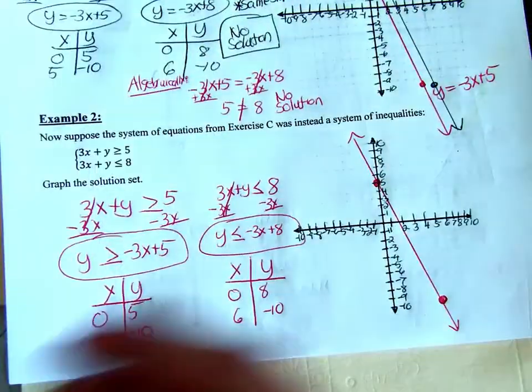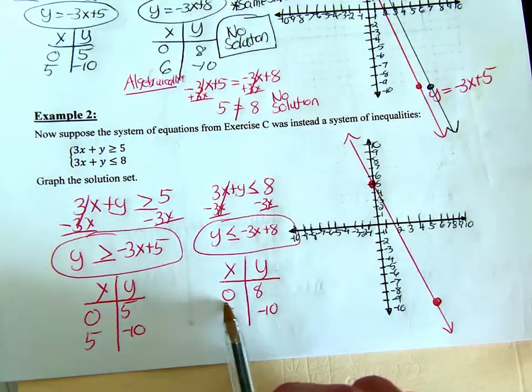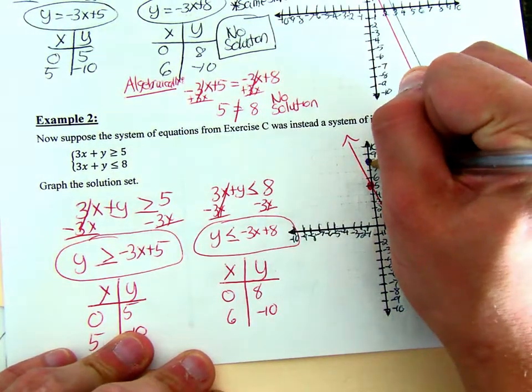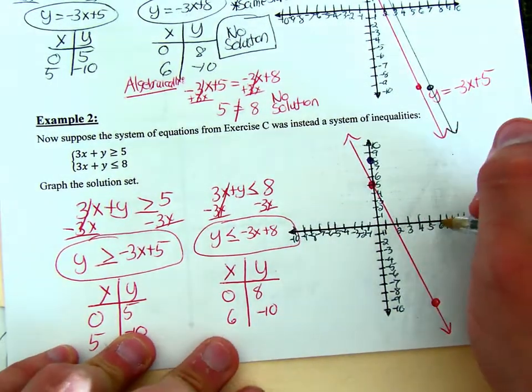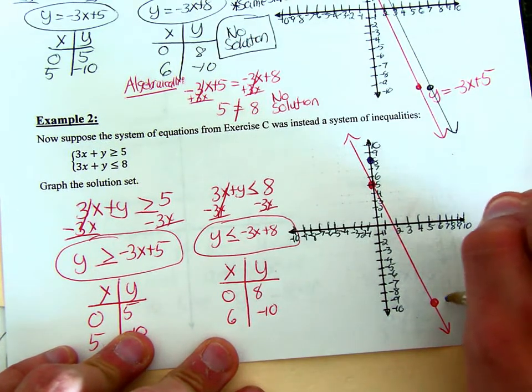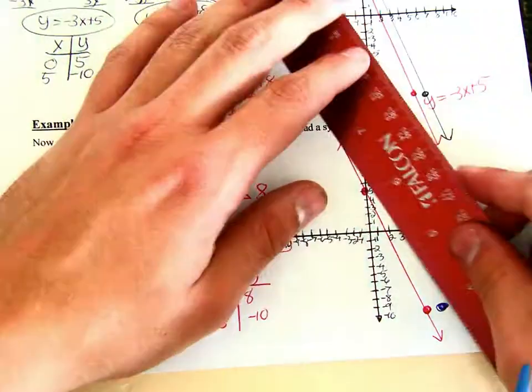And then I'm going to do the same thing for the other one. I'll just do it in a different color. I'll do it in blue. So we have 0, 8. So I go over 0, 8. And I have 6, negative 10. And then what I'm going to do is connect my points with a line.